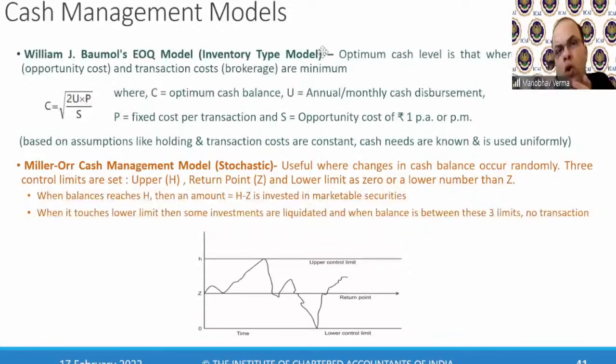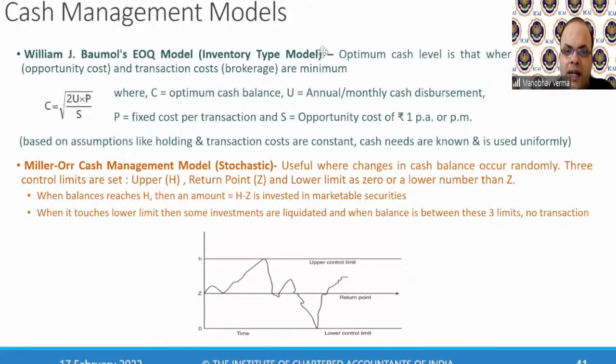And then instead of ordering cost, we are talking about transaction cost. In inventory, every time we make an order, we incur some cost. Similarly, in cash, every time we make some transaction or investment, we might incur some kind of commission or brokerage. That's a transaction cost, right? So we need to find an optimum level where the opportunity cost and these transaction costs are minimum.